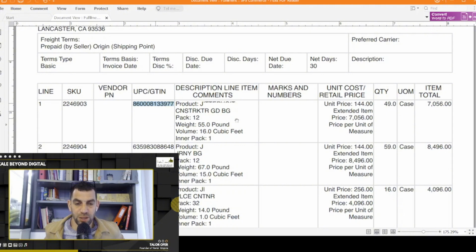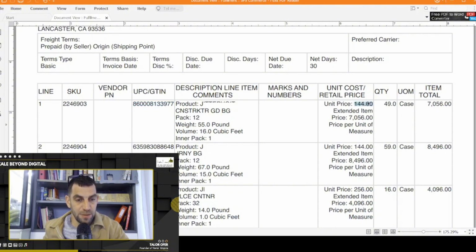Anyway, and then description, line item. Again, I removed the company name because the company name was written here on every row. And then you have pack, which is packed 12 pieces a carton, inner pack only 1, and then the weight, the volume, and then you have marks and numbers, which is empty obviously, and then you have unit cost, retail price.